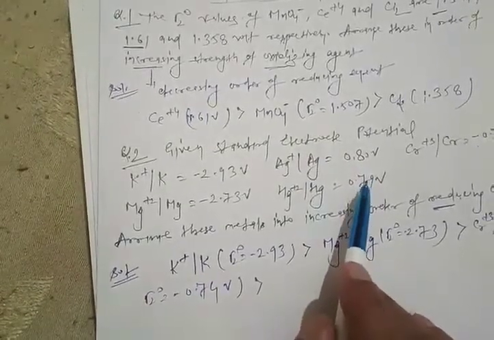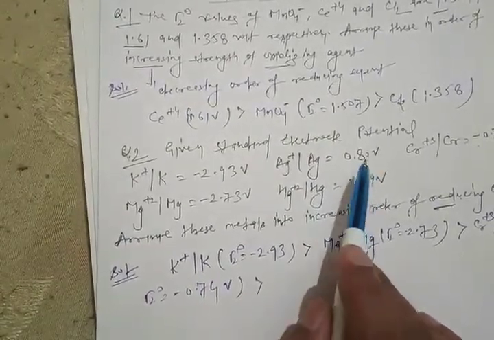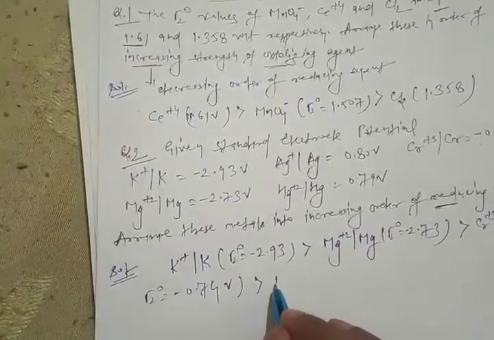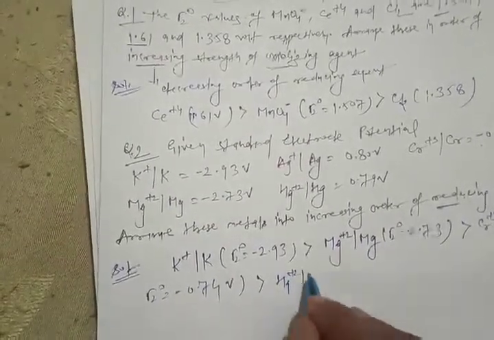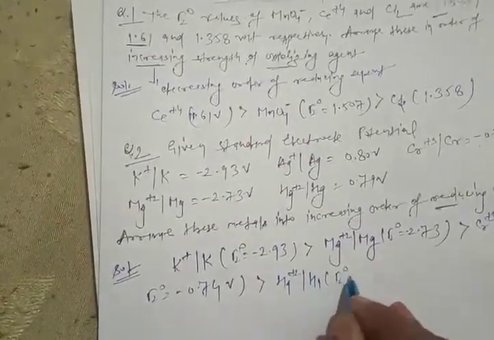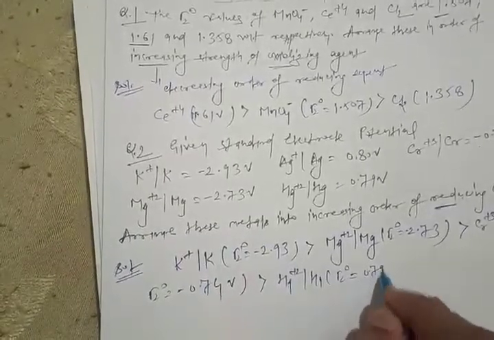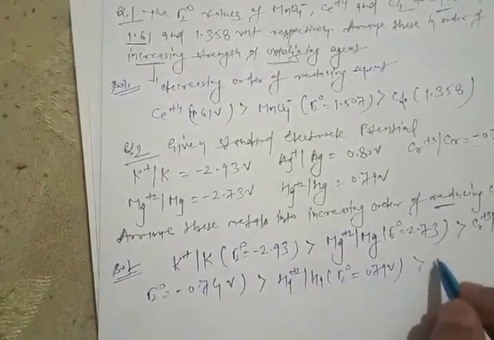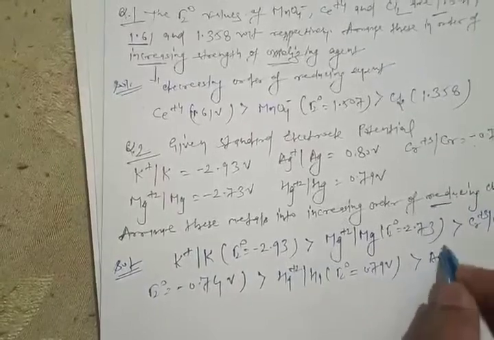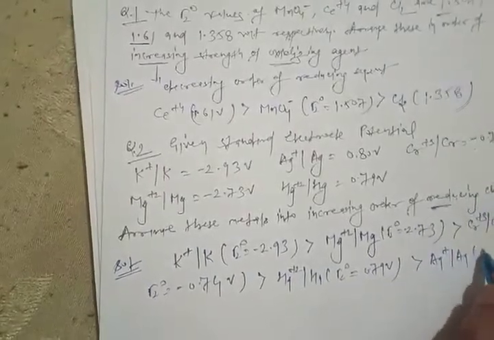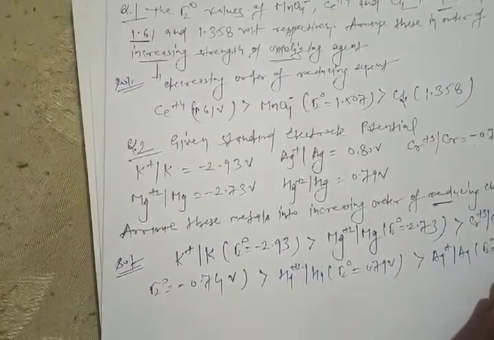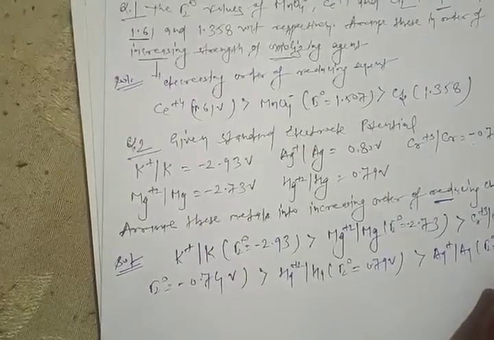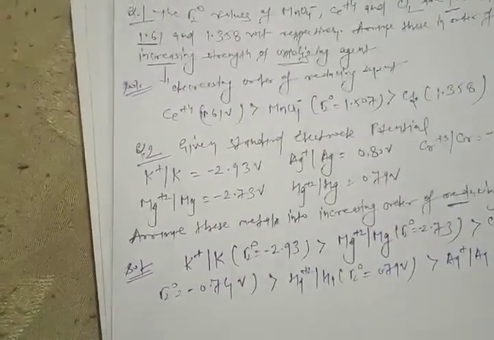So we have mercury, Hg plus 2 to Hg, 0.79, and finally silver, Ag plus to Ag, 0.80. This is actually the decreasing order.